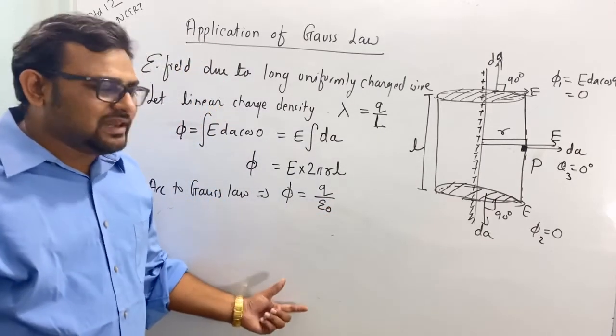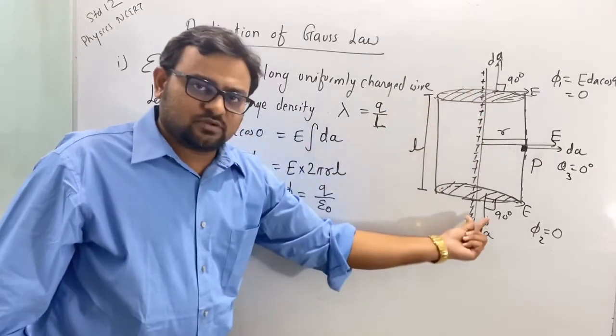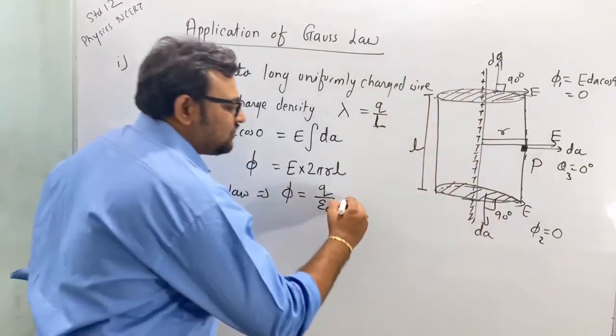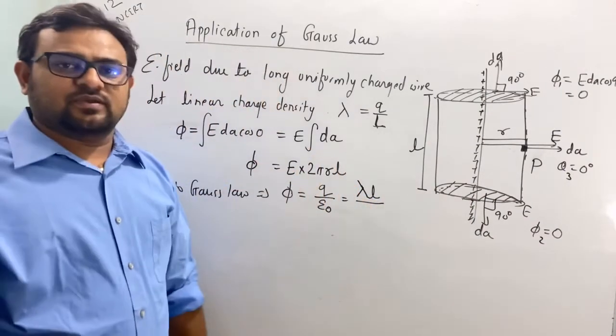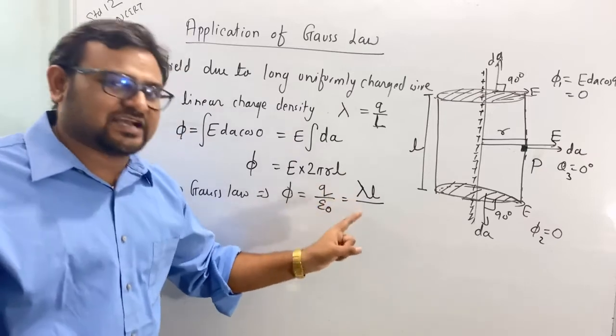Now what will be the charge? Q will be equal to lambda into L. We discussed this in linear charge density.